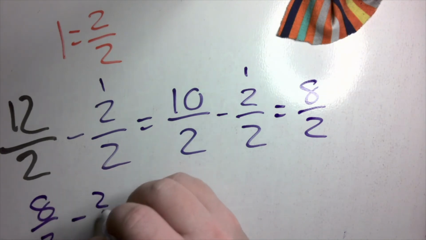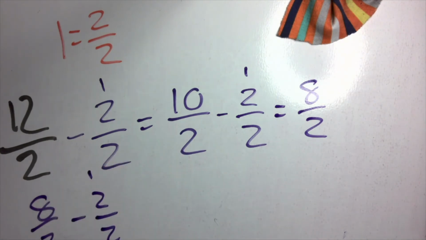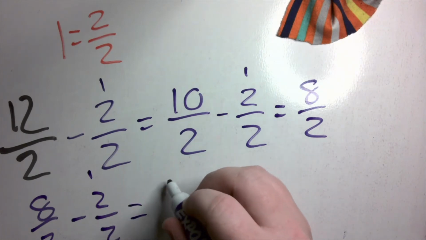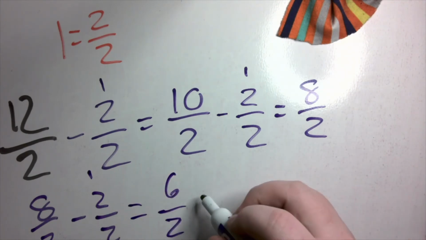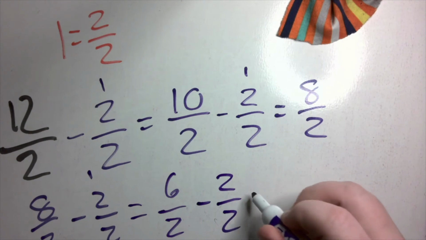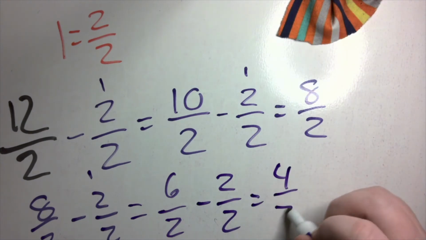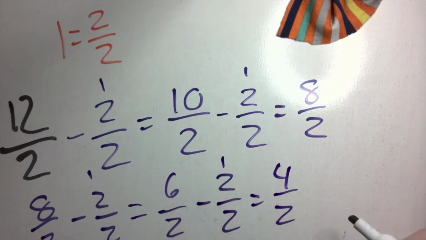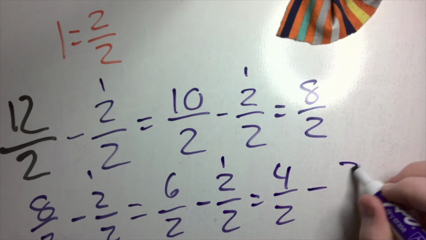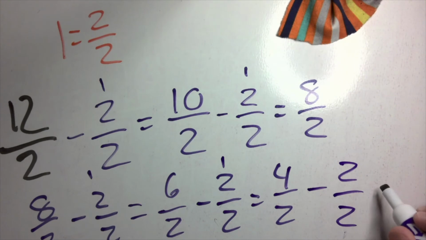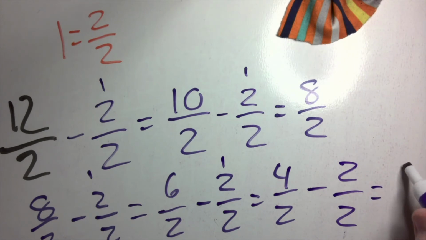8/2 minus 2/2. Another 1. Just a reminder, that equals 6/2. Subtract again. Minus 2/2 equals 4/2. Let's put another 1 there, remembering that our 2/2 really is 1. Minus 2/2. I told you I'm going to keep doing this until I can't go anymore. 4/2 minus 2/2 equals 2/2.